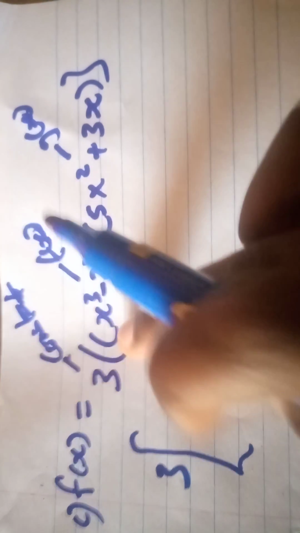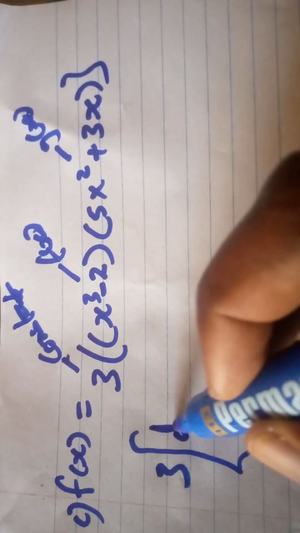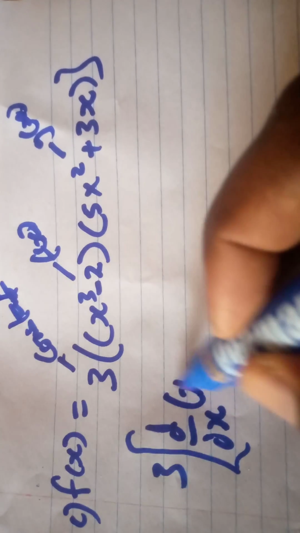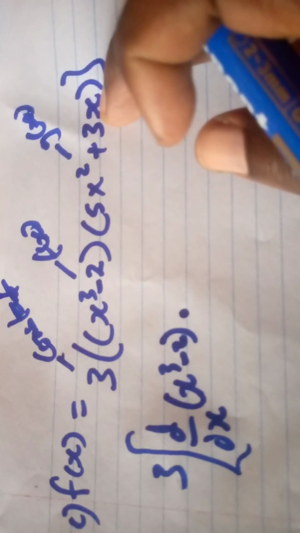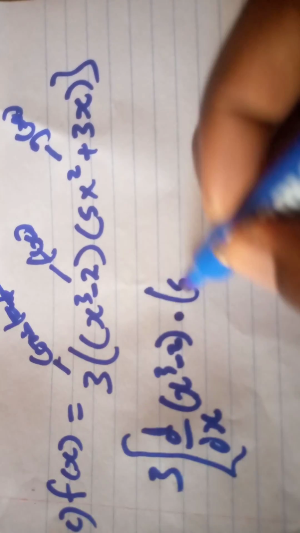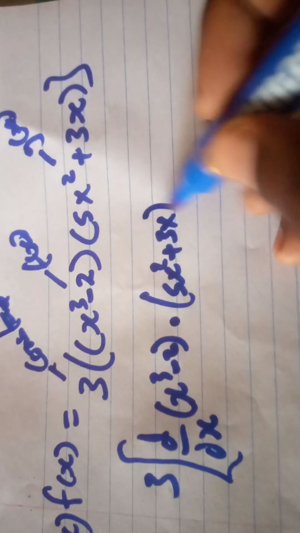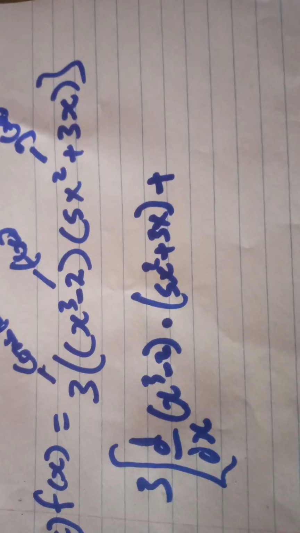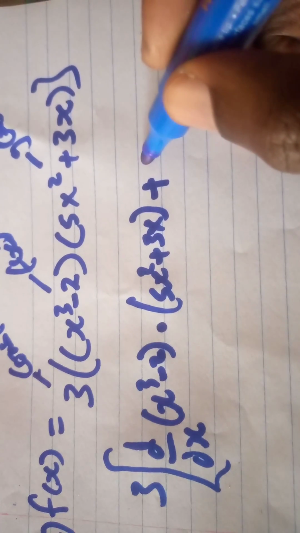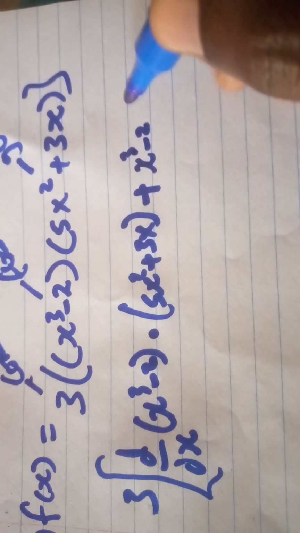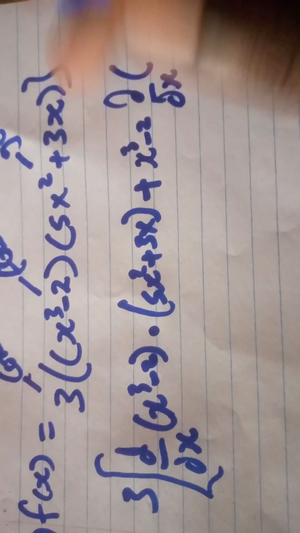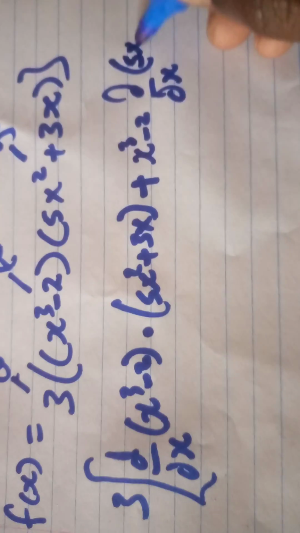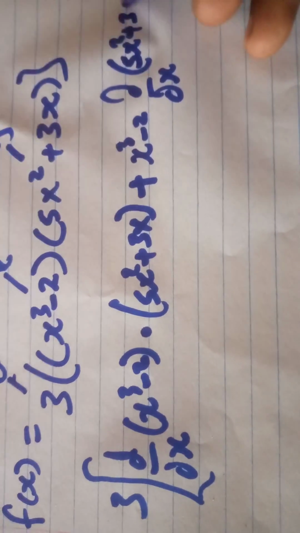And then I'm going to find the derivative of x cubed minus 2, multiplied by the second one, 5x squared plus 3x, add the derivative of the second one multiplied by this one, x cubed minus 2, multiplied by the derivative of the second one, 5x squared plus 3x.